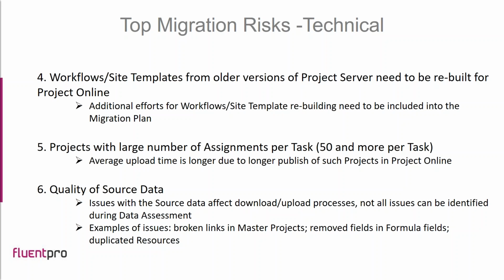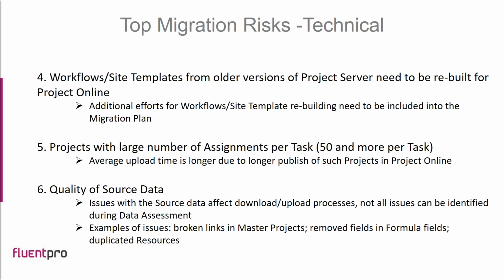Also, removed fields in formula fields are a good example of issues with the source data, because formulas can be used in task fields and in resource fields, and if any of the custom fields that participate in formulas are removed, this causes errors with the data.